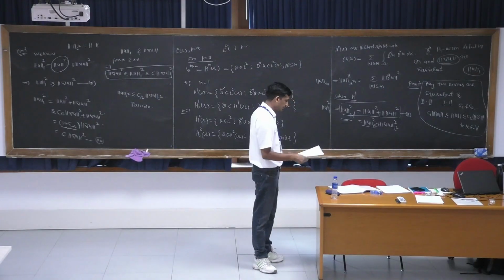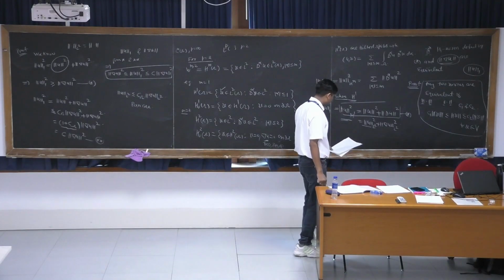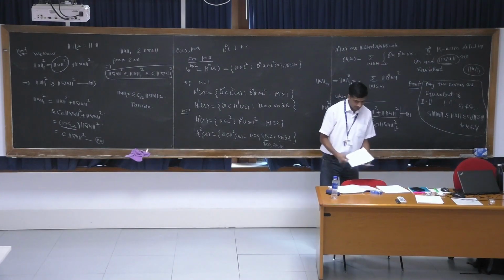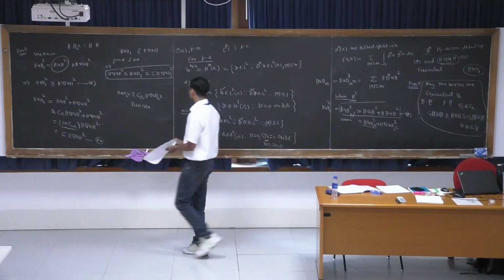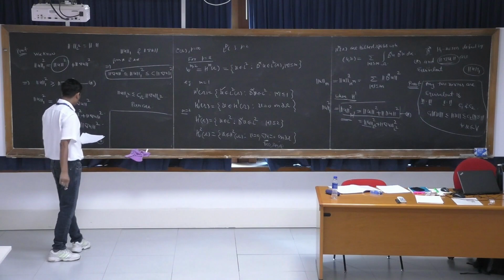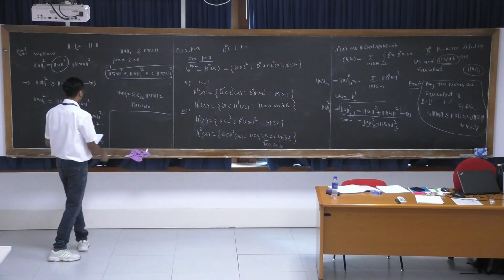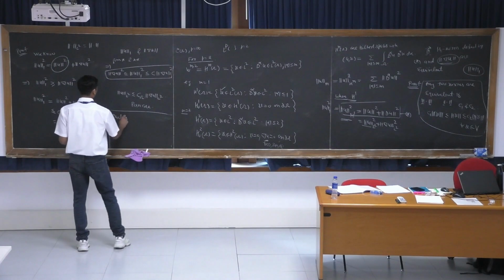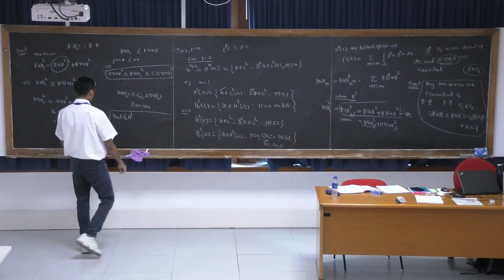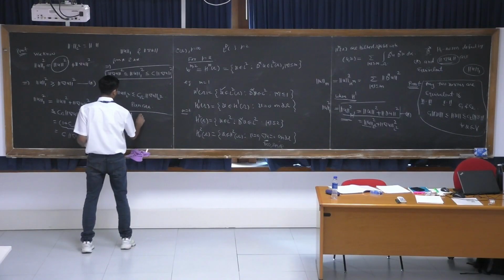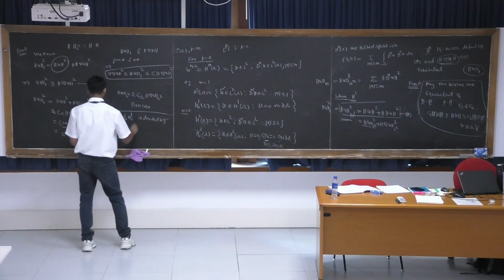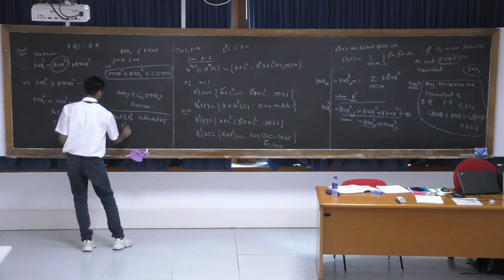If we require something else later, we can define it then. One more thing I am telling you: the dual of the H01 space is denoted by H minus 1.